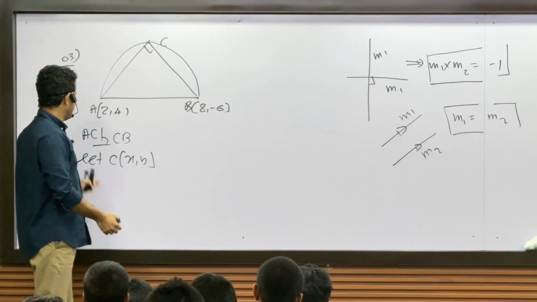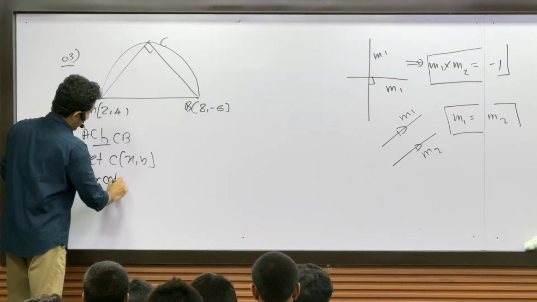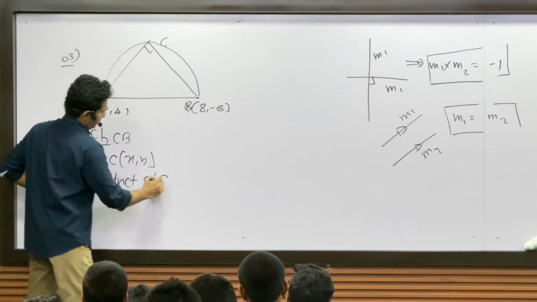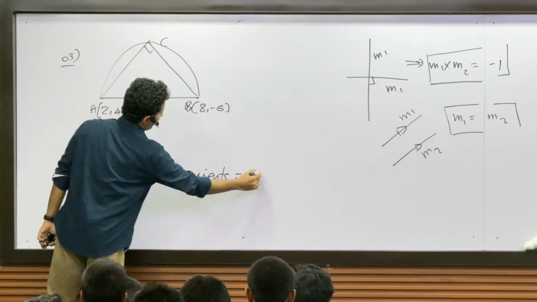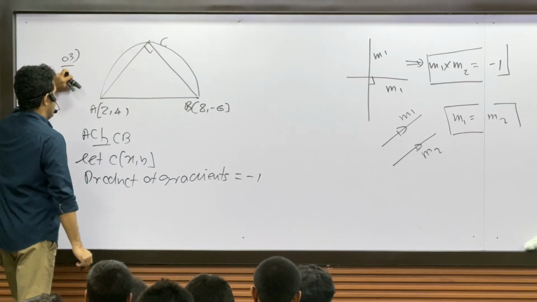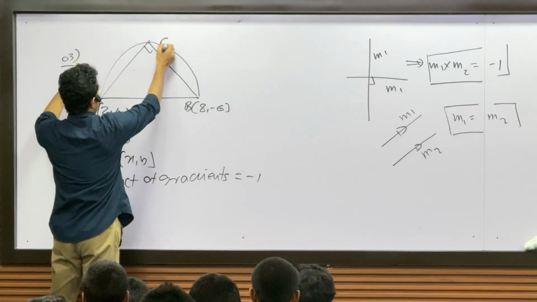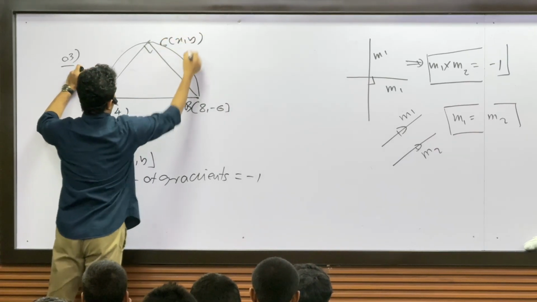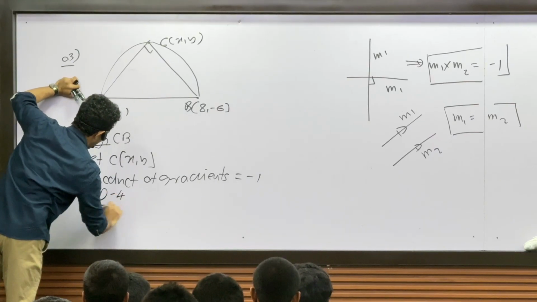Simply you can say, since AC is perpendicular to CB, the product of gradients equals minus 1. Here C is (x, y).